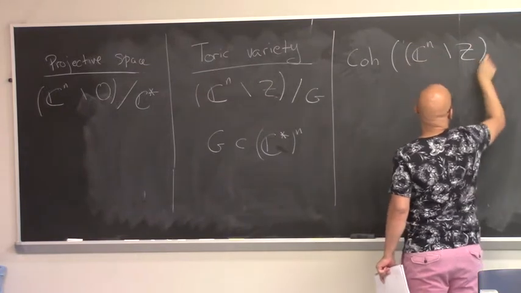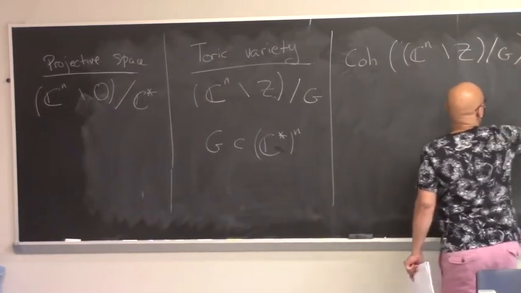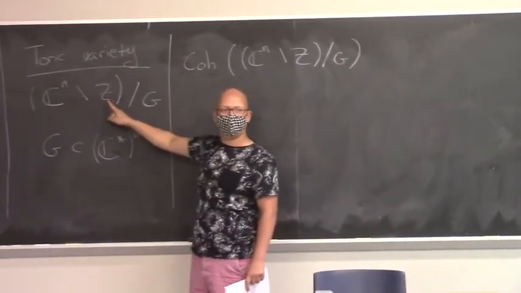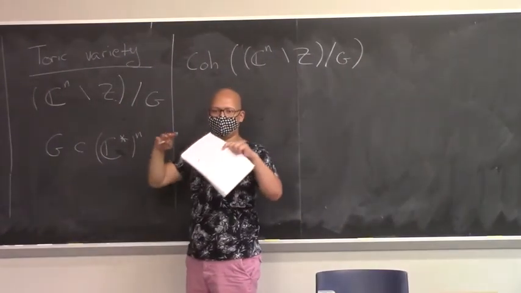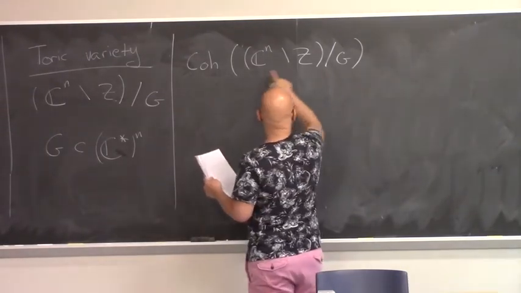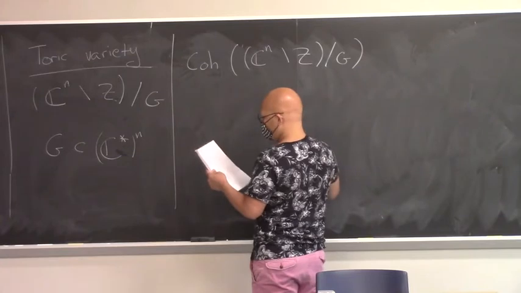I guess I said out loud, but maybe I should say again, Z is a union of coordinate subsets.